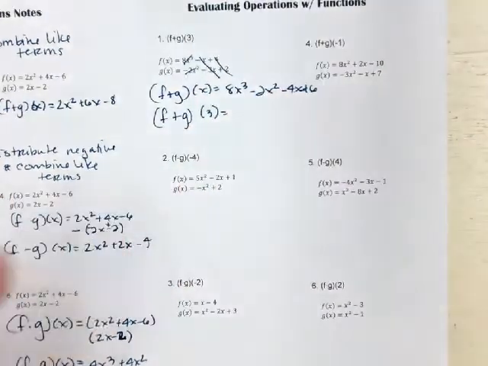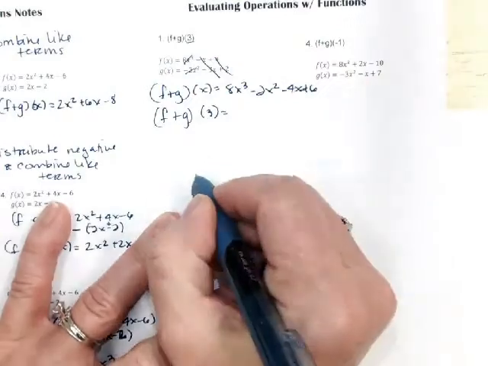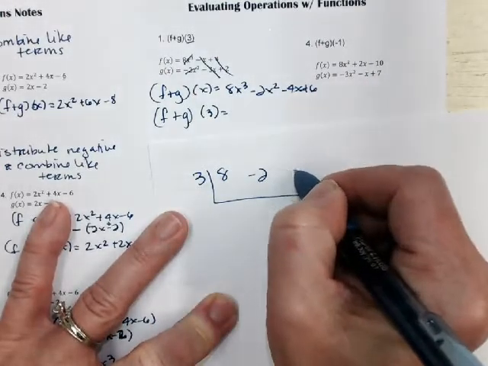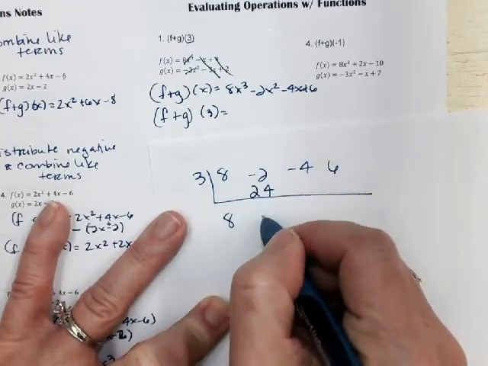And you could even, if you wanted to, bust out that synthetic substitution. Let's do that. You can do a little bit of side work on that. So I'm going to evaluate where x is 3, and I've got an 8x cubed, negative 2x squared, negative 4x, and positive 6. So I'm going to do it this way.